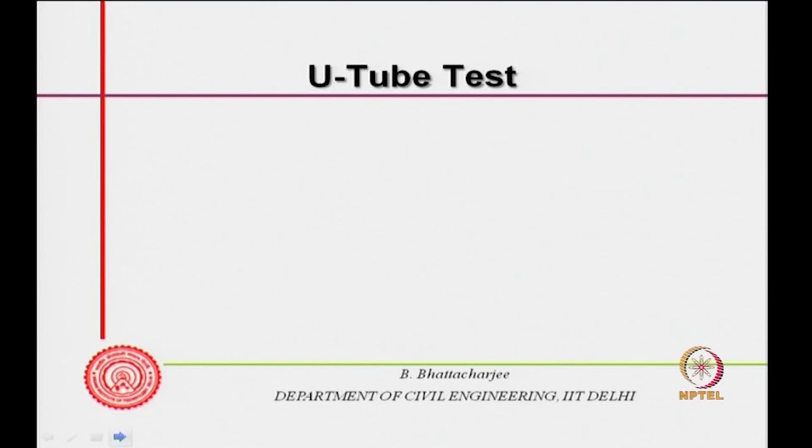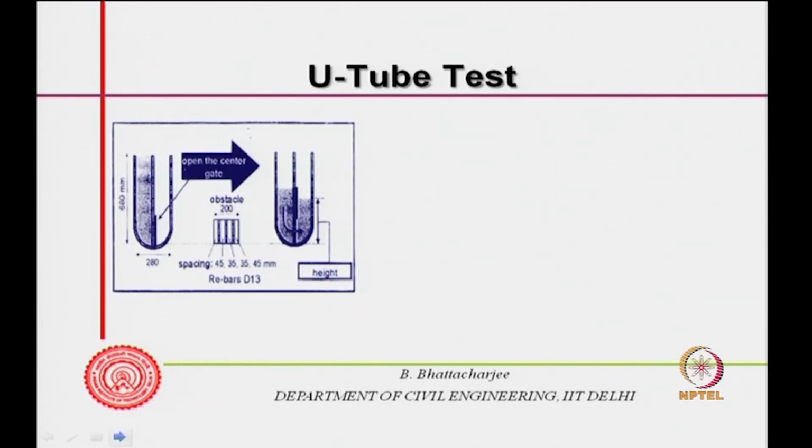How does it look? I have actually a U-tube separated by a barrier, all right. So, this is the U-tube, and then there is a partition, and there is a barrier. Now, this is actually a gate which I can open. So, I fill in the concrete here first.